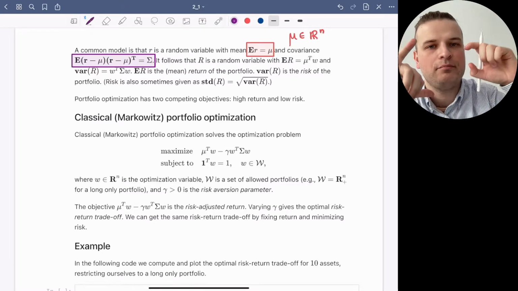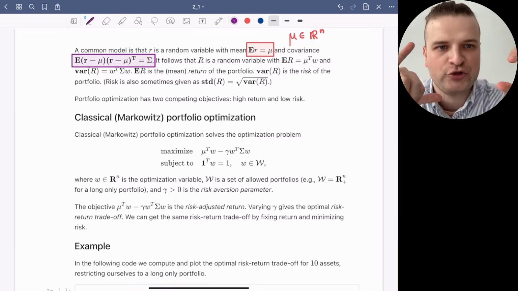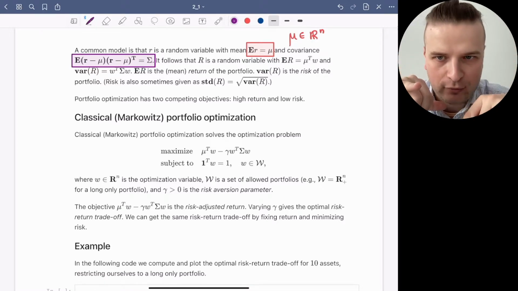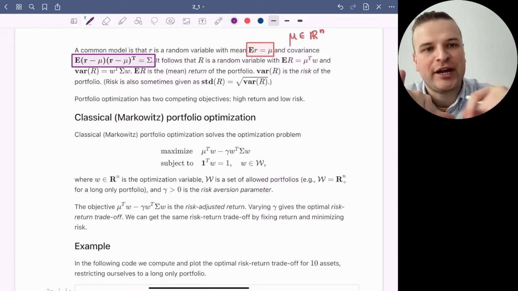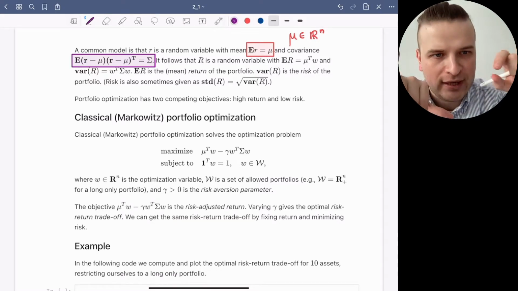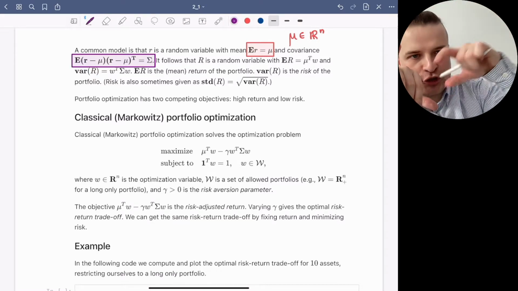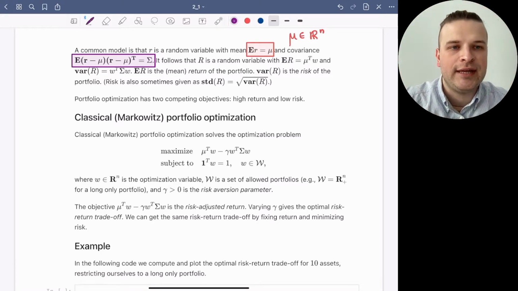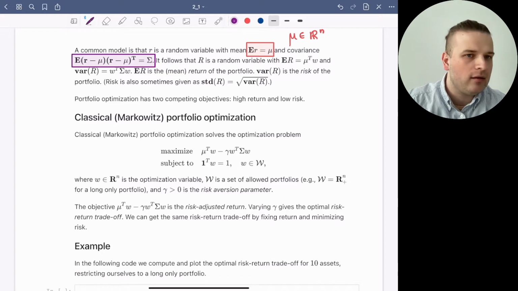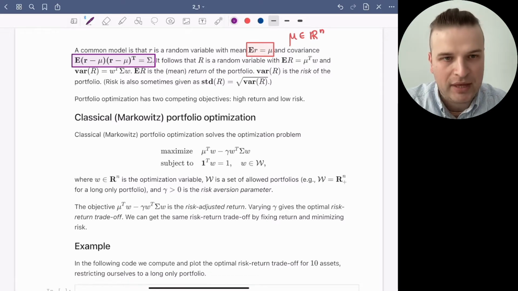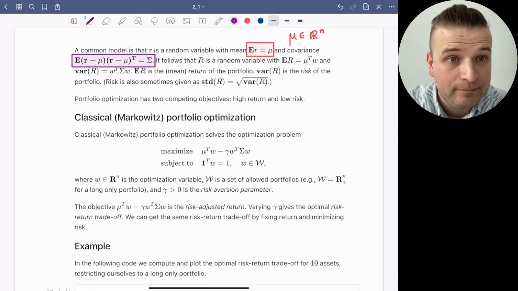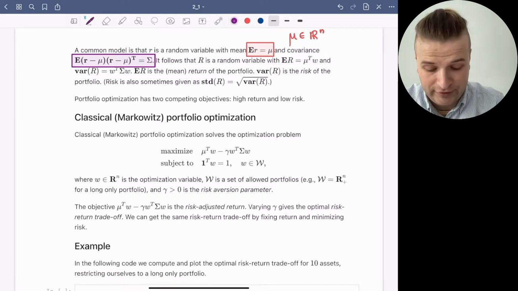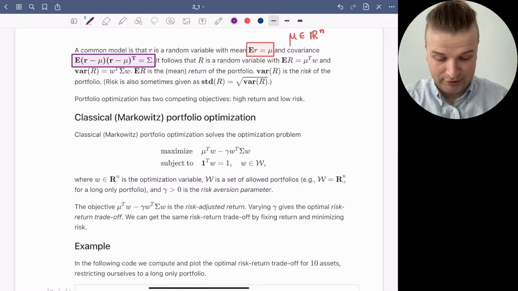You have this static mu vector which was calculated before, and you can just subtract mu vector from each of a column of your history data previously and calculate this matrix sigma. That will be your variance or covariance matrix here.